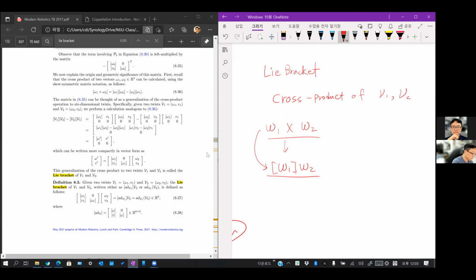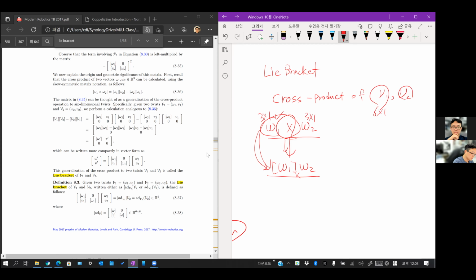If we change the formation of this vector to the skew-symmetric formation, then we can change this kind of cross product calculation to a matrix multiplication calculation.